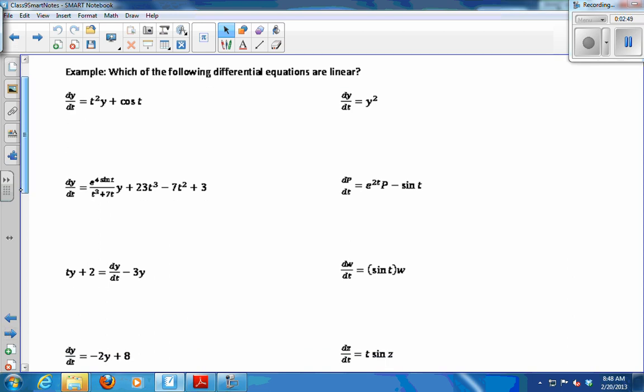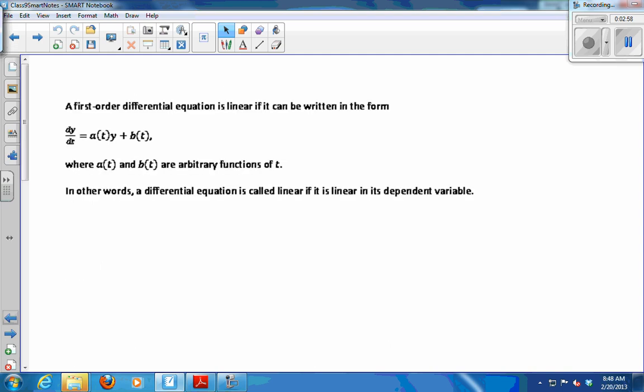All right, so quickly in your groups, decide which of these are linear and which are nonlinear. Yeah, so a of t and b of t are functions of t. So you can have any kind of crazy stuff with t's as long as y is linear.